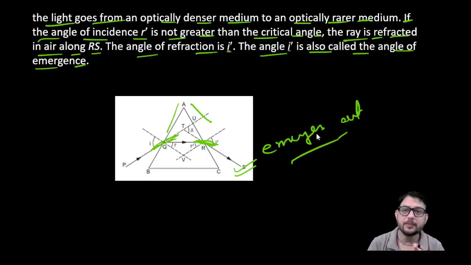The name of this ray can be written as the emergent ray, and whatever angle it makes with the normal, that is the angle of emergence. I hope this terminology is now clear to all of you.